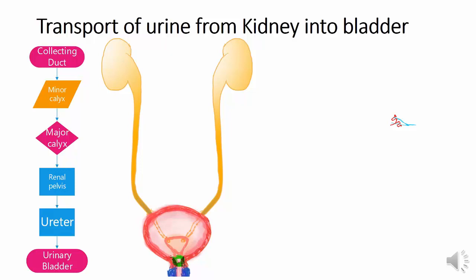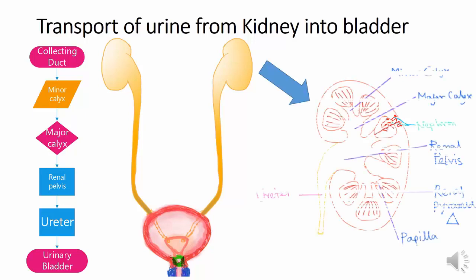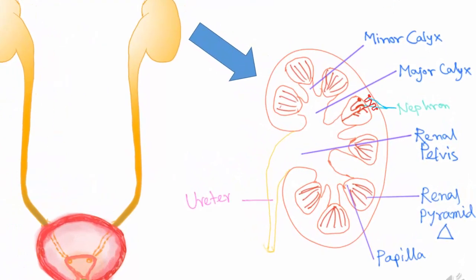Next is how urine is transported from the kidney to the urinary bladder. I have an enlarged view of a nephron here, and from the collecting duct urine flows through the renal calyxes.